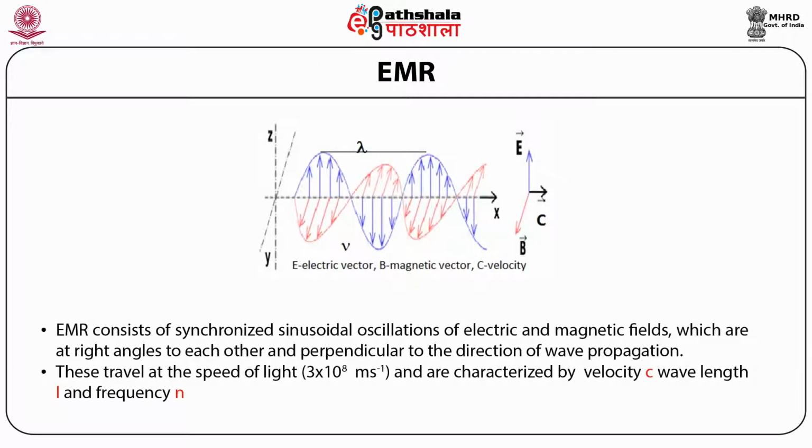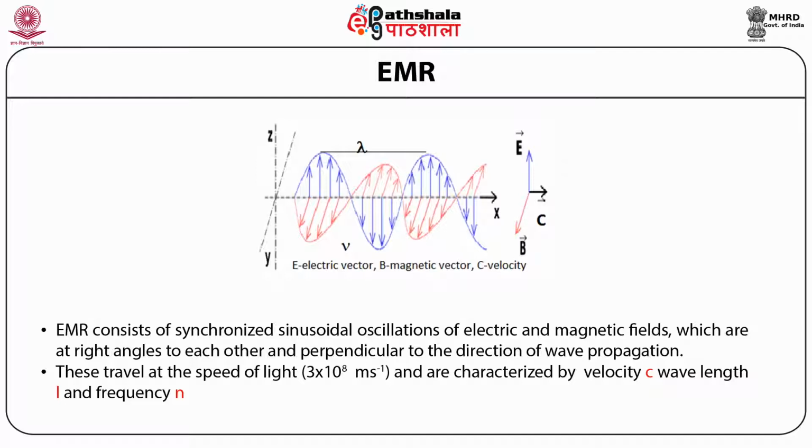EMR consists of synchronized sinusoidal oscillations of electric and magnetic fields. The electric field is shown in blue and the magnetic in red. These are at right angles to each other and perpendicular to the direction of wave propagation.